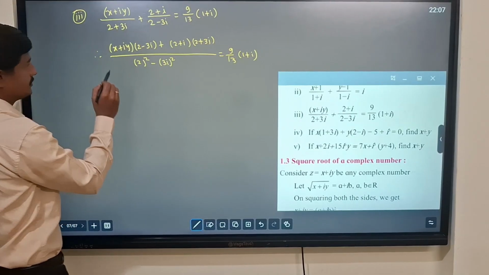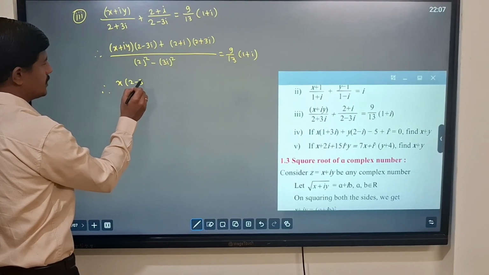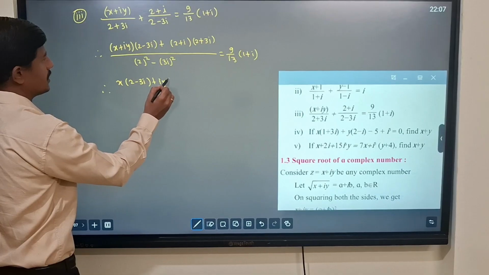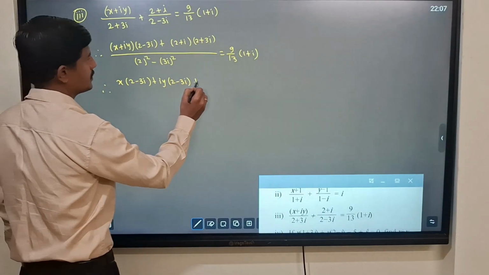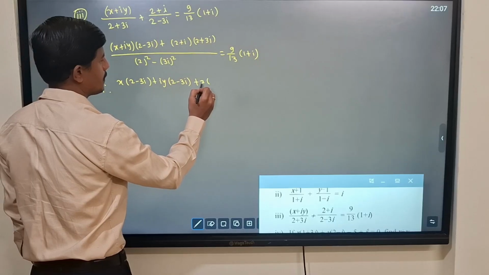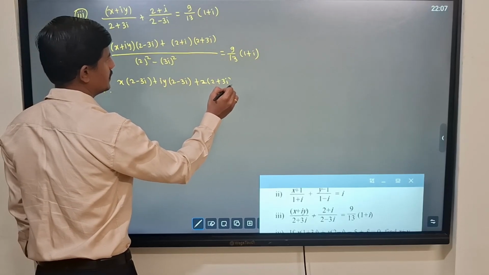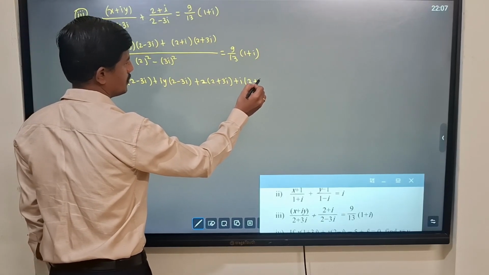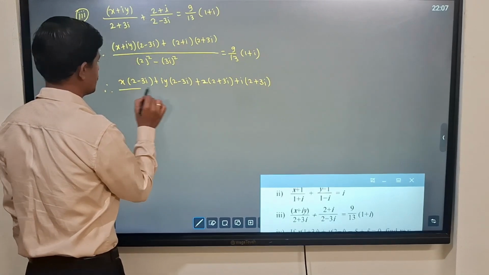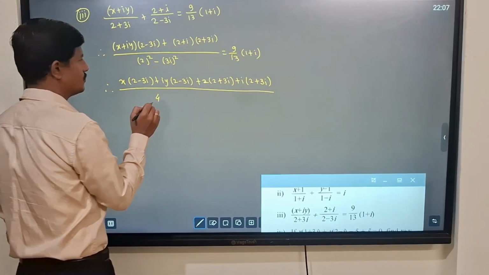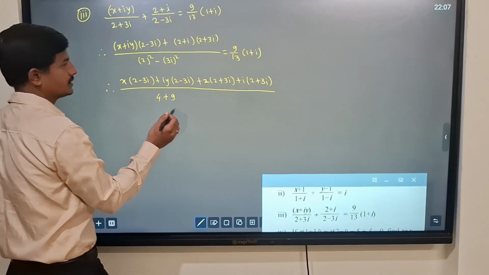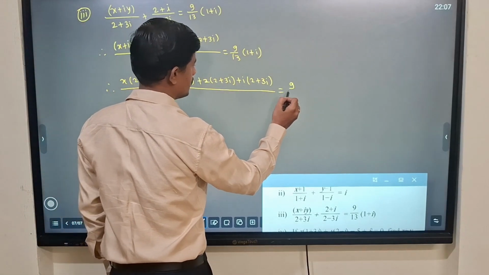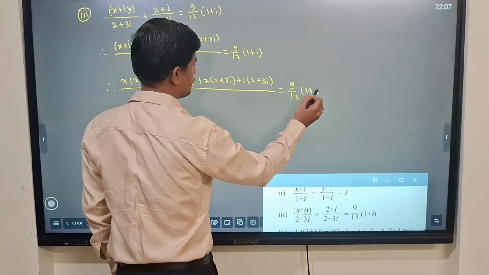So multiply those terms: x into 2 minus 3i plus iy into 2 minus 3i plus 2 into 2 plus 3i plus i into 2 plus 3i upon 2 square is 4. i square is minus 1, that's why it becomes plus. And 3 square is 9, equal to 9 by 13 into 1 plus i.